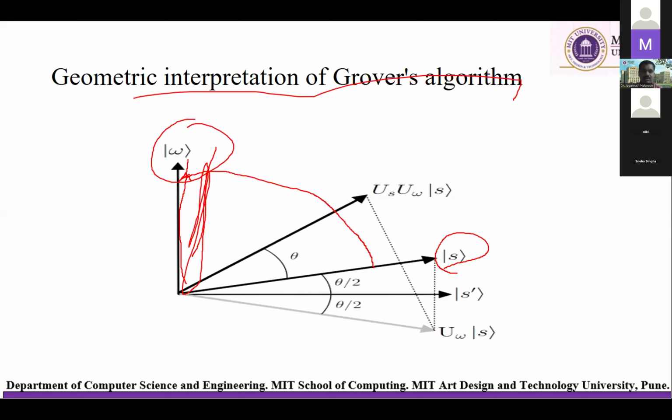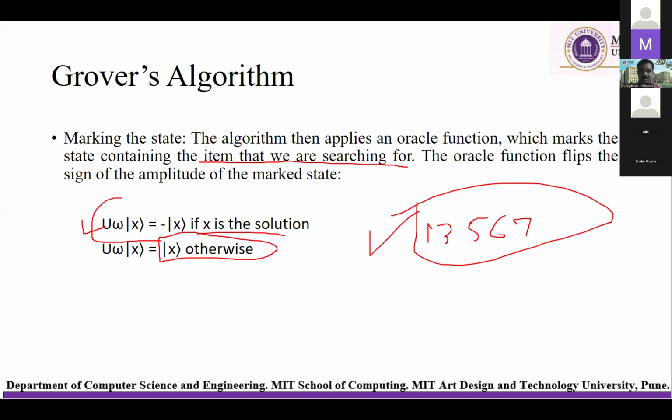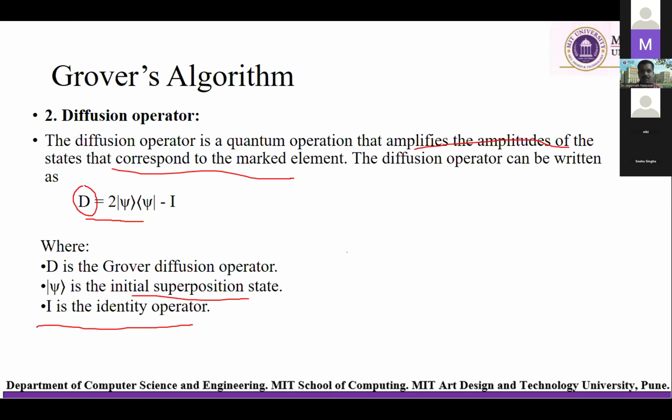We are searching for one particular name corresponding to a telephone number from the telephone dictionary. Then we start from this and increase this value, and increasing the value here means we are amplifying the step which is given here. We are amplifying the amplitude of the state.